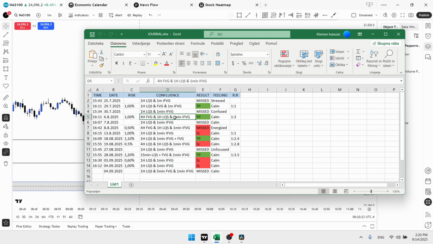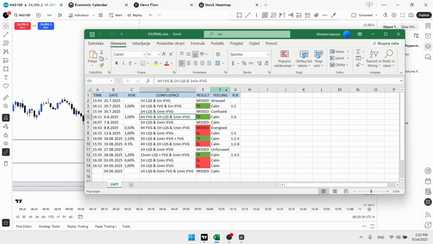That is some sort of like a break of structure, but with a fair value gap instead of a high. When that happens, this is my bullish confluence to go long, or vice versa to go short.